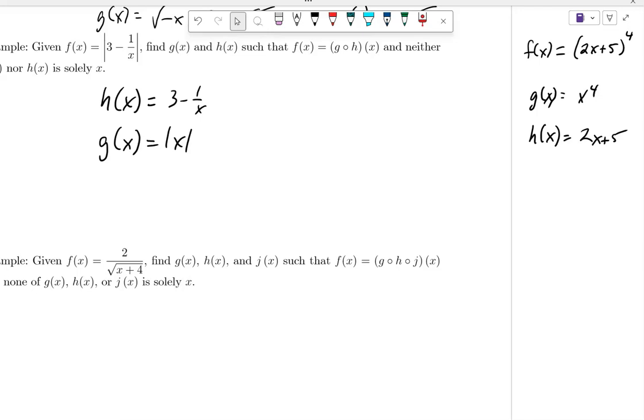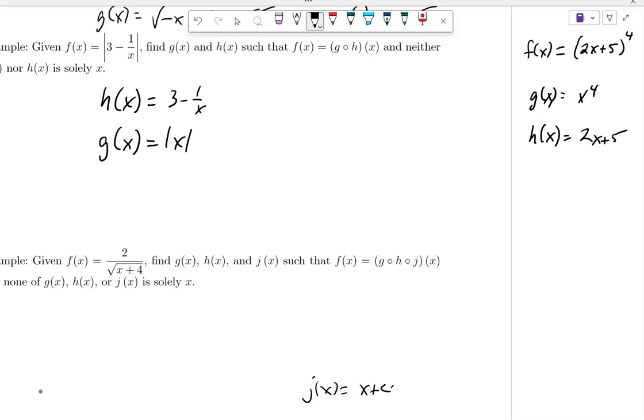Again, if you're plugging in for x, I would either work inside out or outside in. Whichever way makes more sense in your brain, do it that way. If I do it inside out, what looks like the thing that's on the most on the inside? x plus 4, right? So we would let our j of x be x plus 4.